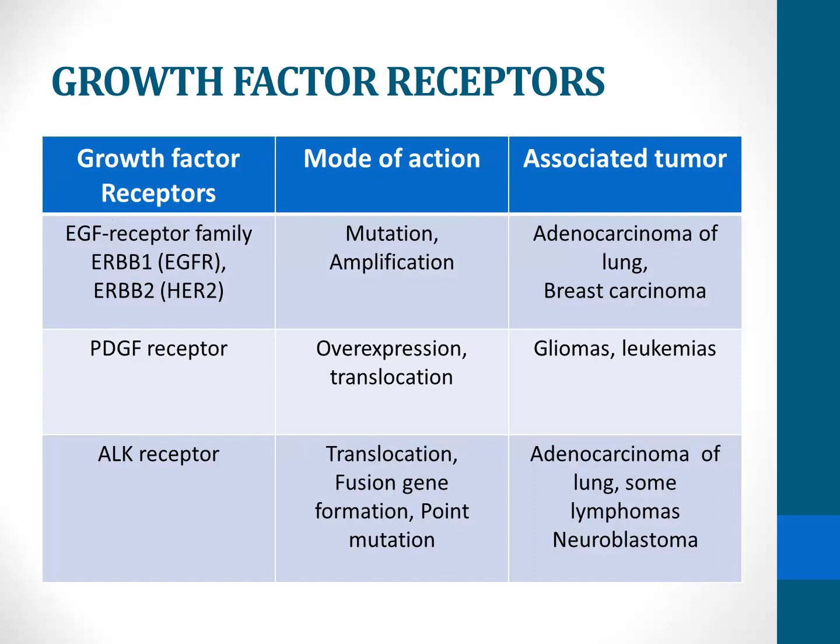Platelet-derived growth factor receptor is overexpressed or translocated in gliomas, which are brain tumors, and leukemias, which is blood cancer. ALK receptor may be mutated in cases of adenocarcinoma of lung, some lymphomas, and neuroblastoma.